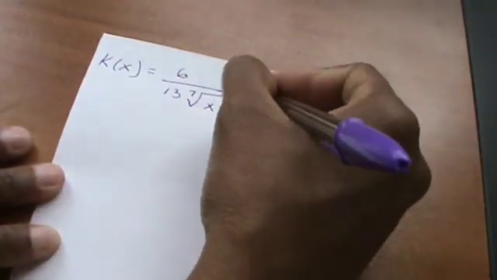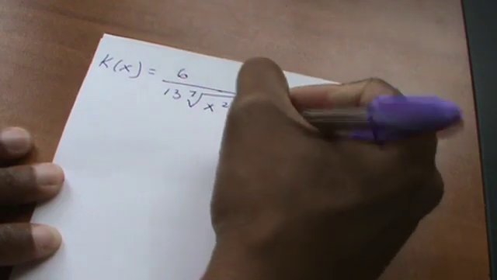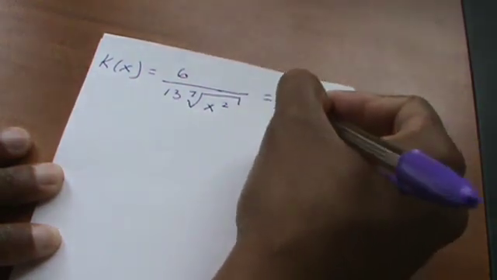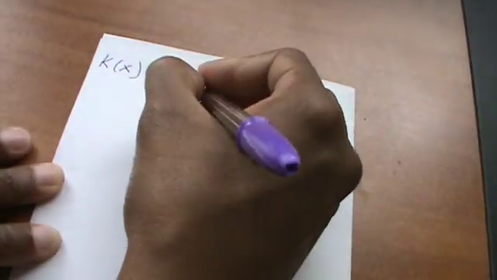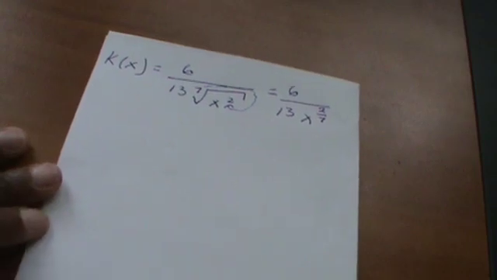Okay, let's rewrite this as 6 over 13 x to the 2 over 7. Notice the 7 will come around and sit underneath the 2.